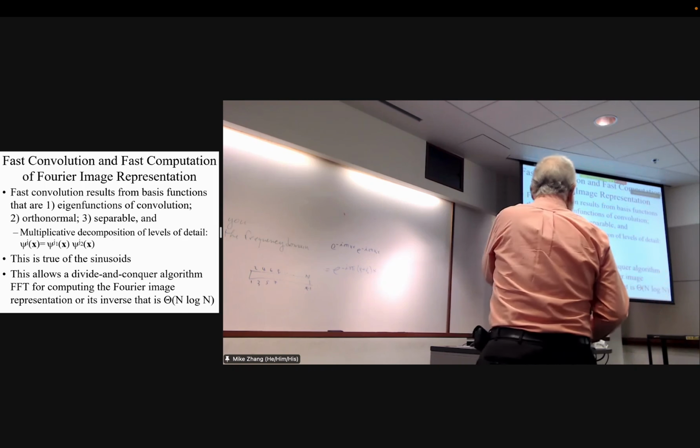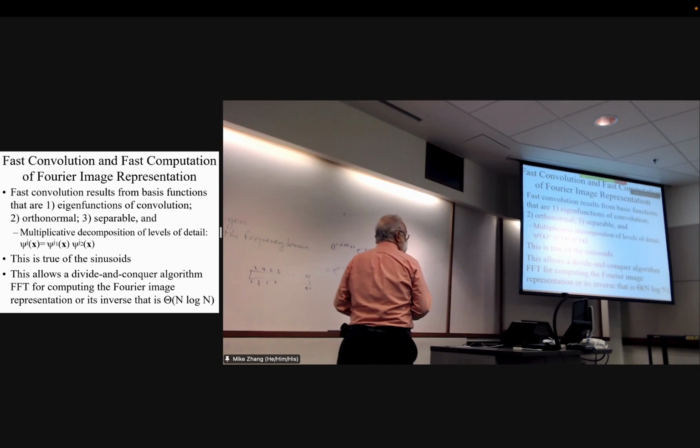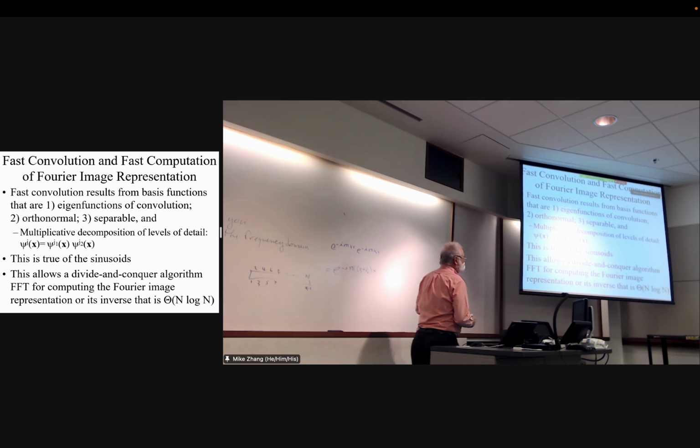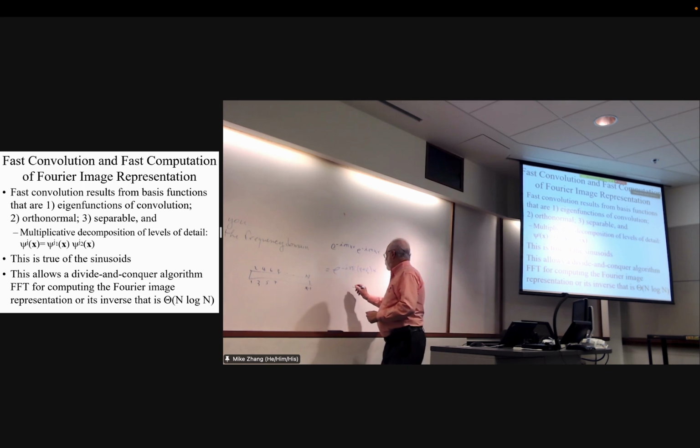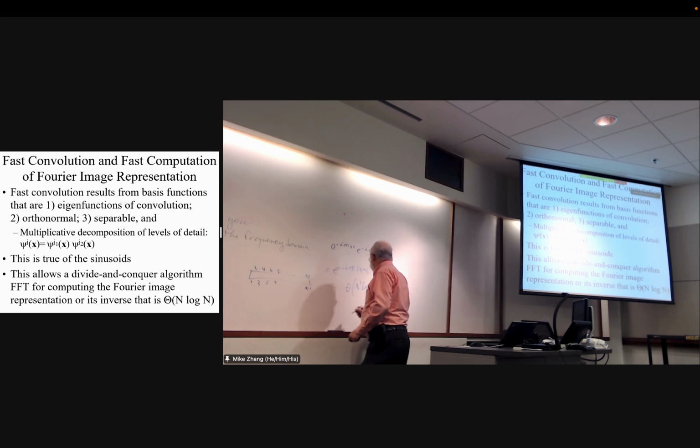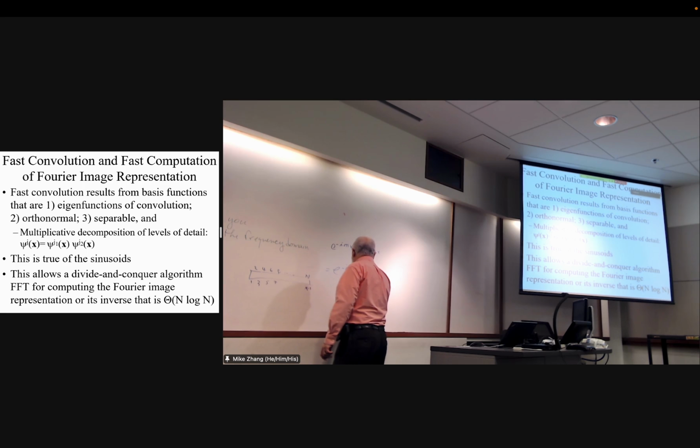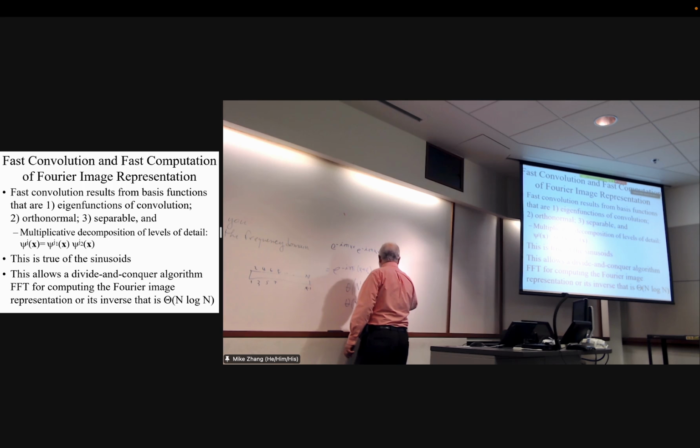The upshot, for a 2D image, is that it turns out to be order n squared log n in time. And for a 3D image, it's order n cubed log n, where this is for an image that's n by n, and this for an image that's n by n by n.